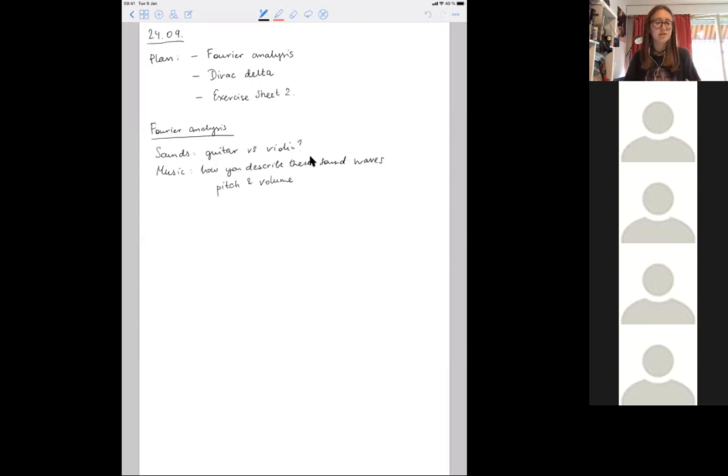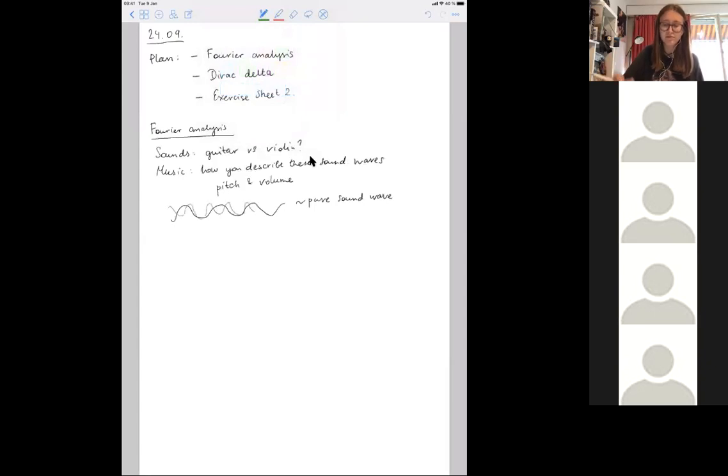This happens because each instrument forms a sound which is not only a pure wave, not only the usual pure sound wave at a certain frequency, but actually a combination of many such waves.